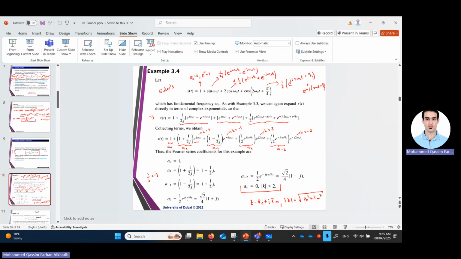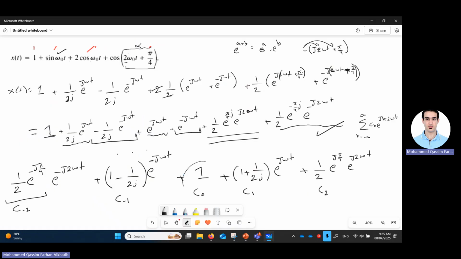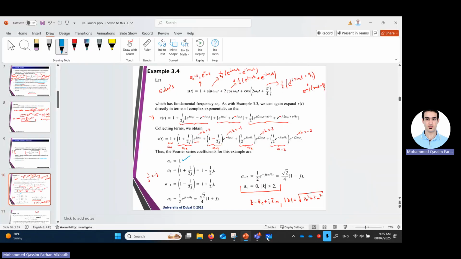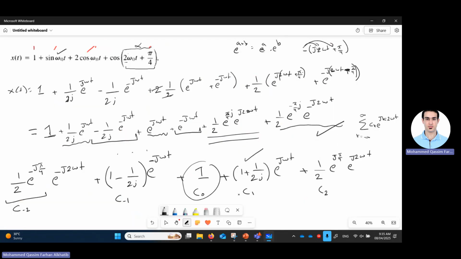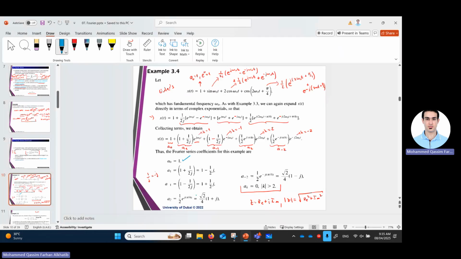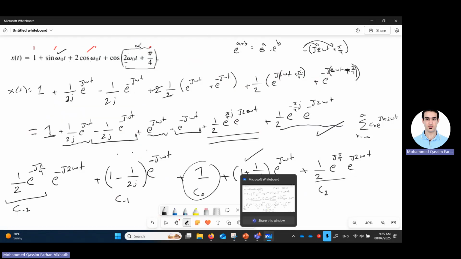Okay, they expanded the e to the power j pi over 4. There is no need to do that. But a of 0 is 1. That's what we obtained here. That's a of 0. And we will have a of 1, 1 plus 1 over 2j. A1 is the same as I mentioned before. A of 2, which is 1/2 e to the power j pi over 4. This term here.